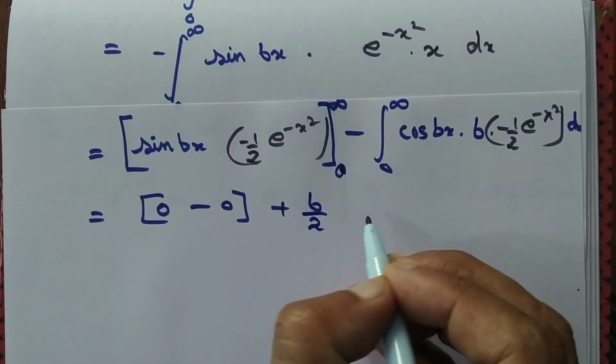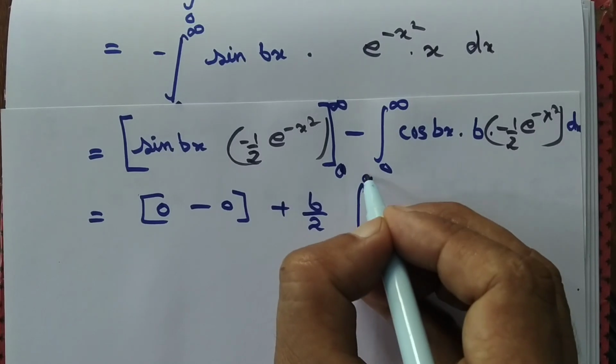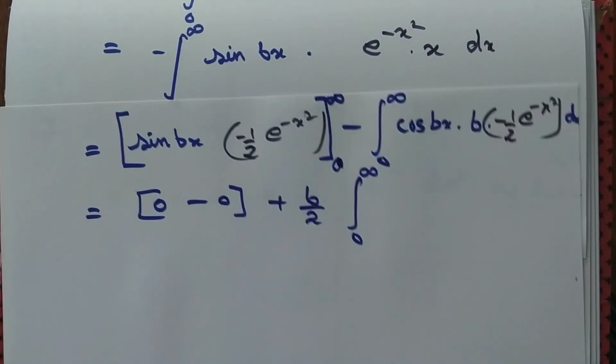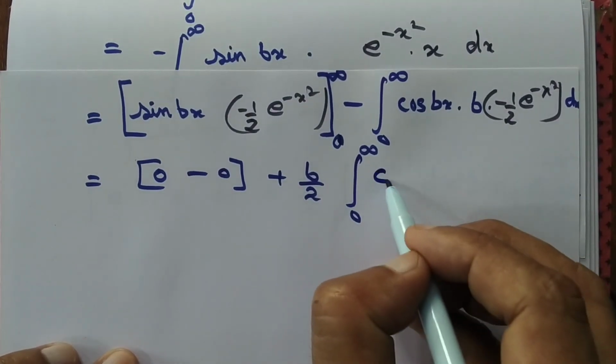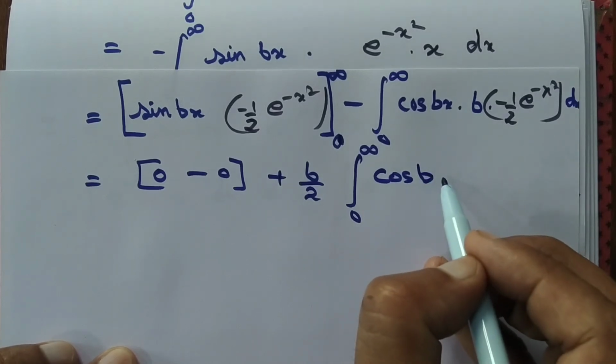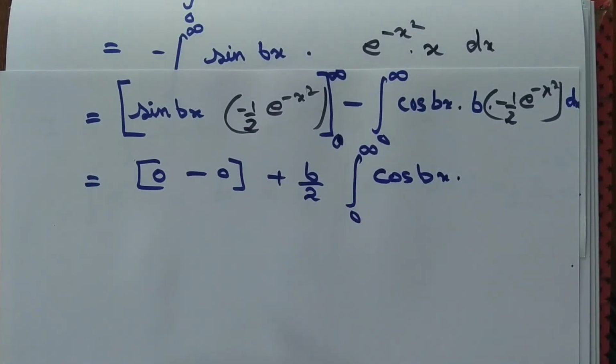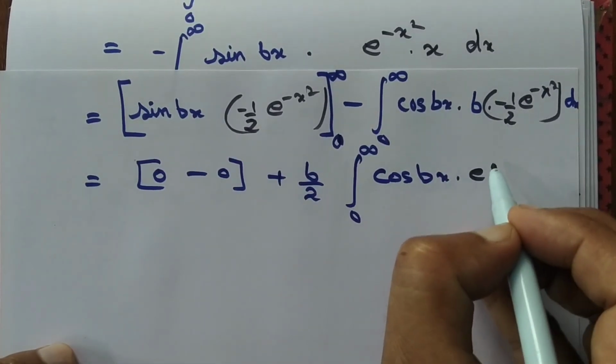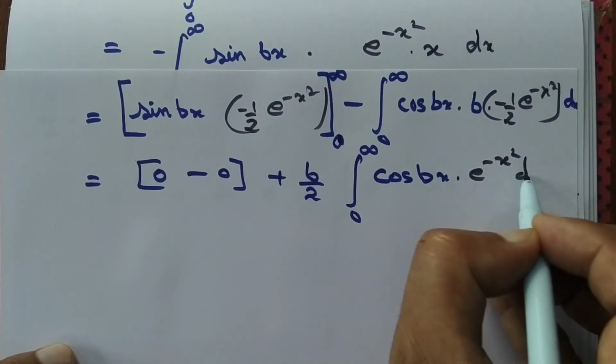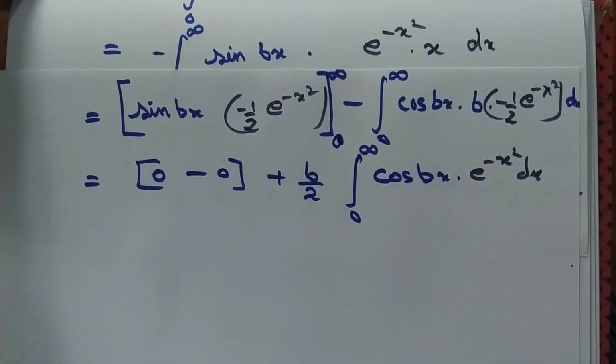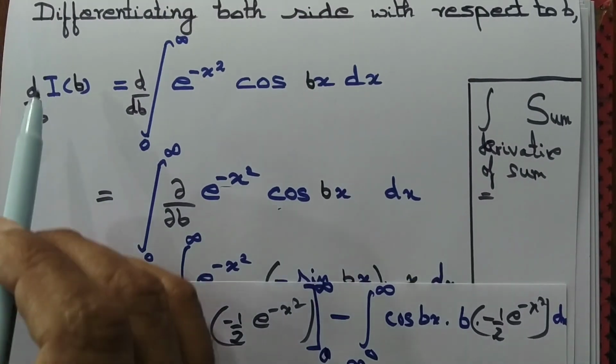So we can write b by 2, integral 0 to infinity, cos bx, and then e to the power minus x square dx. That's equal to dI/db. Remember, we started with dI/db.